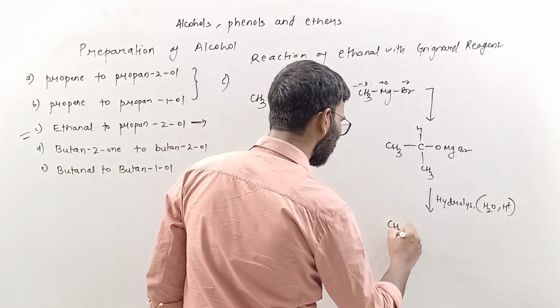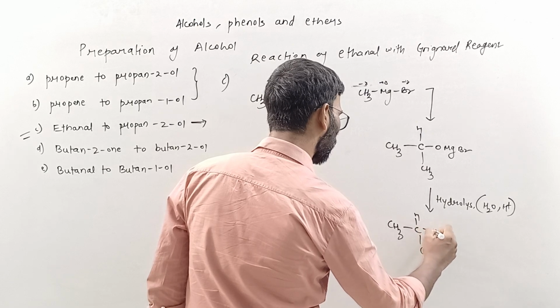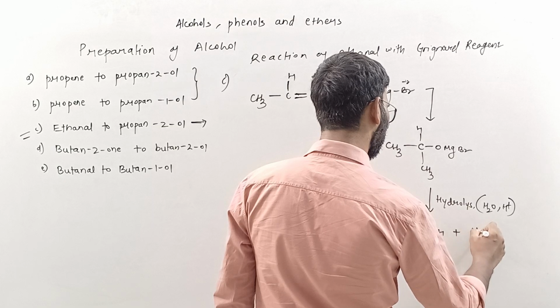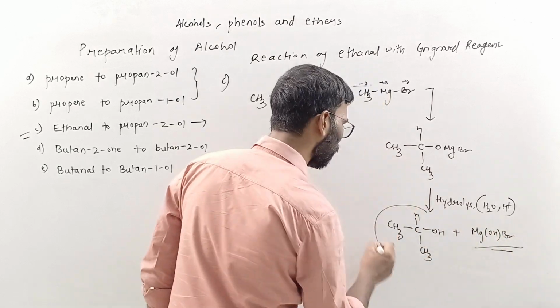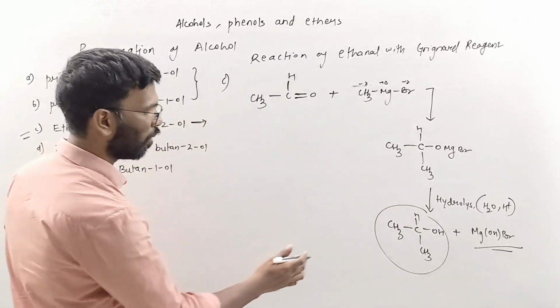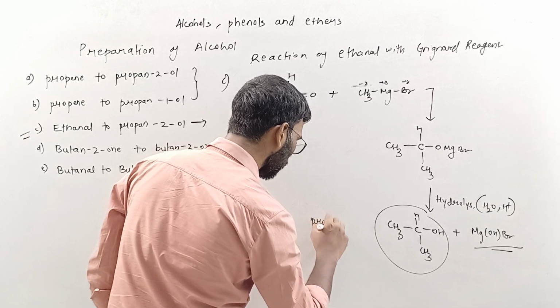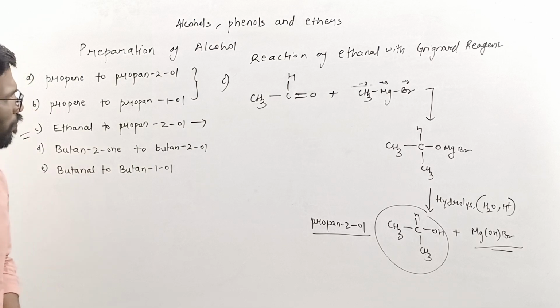This is CH3, CH, CH3, OH, right? Plus Mg(OH)Br as the byproduct, but this is our main product. This is the parent chain, 1, 2, 3. So this name is propan-2-ol. This is the name of the compound.